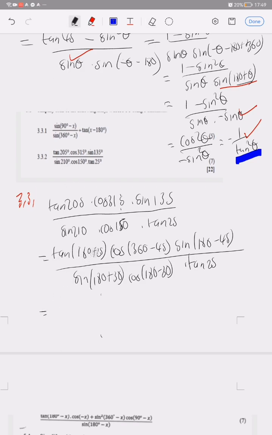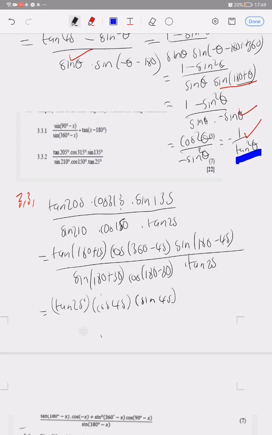Okay, let's see, changing this, you get a mark. Third quadrant, so this one will become positive tan. So I think brackets are very important. Positive tan 25. This one, which quadrant? The fourth quadrant, cos is positive, so it's cos 45. This one is the second quadrant, therefore sine 45.